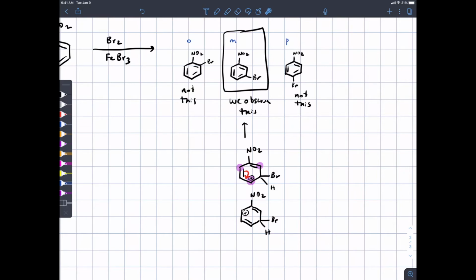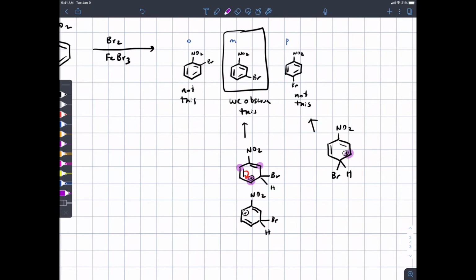In contrast, let's draw the intermediate that precedes the para-bromo product. We have a positive charge here, nitro group here.